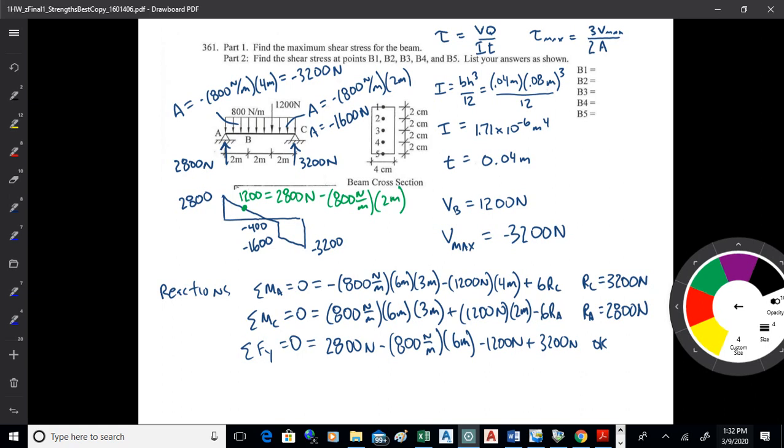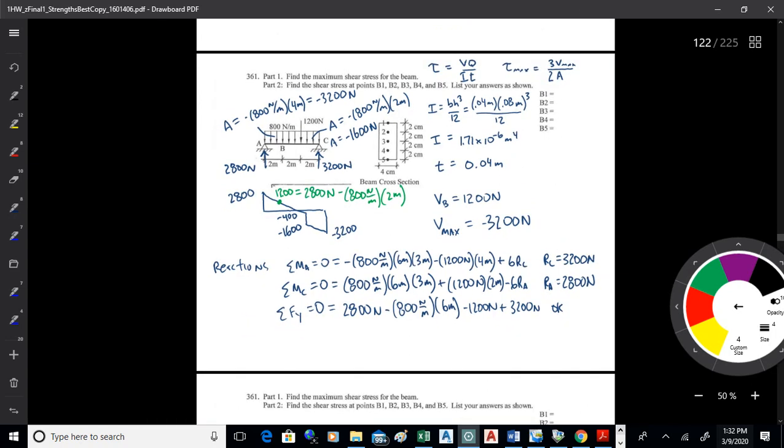Okay, I went ahead and found the shear diagram, which looks as shown over there on the left. So that goes from 0 up to 2,800, and then it comes down in a linear fashion down to negative 400 because of that area. Negative 3,200 there for the area.